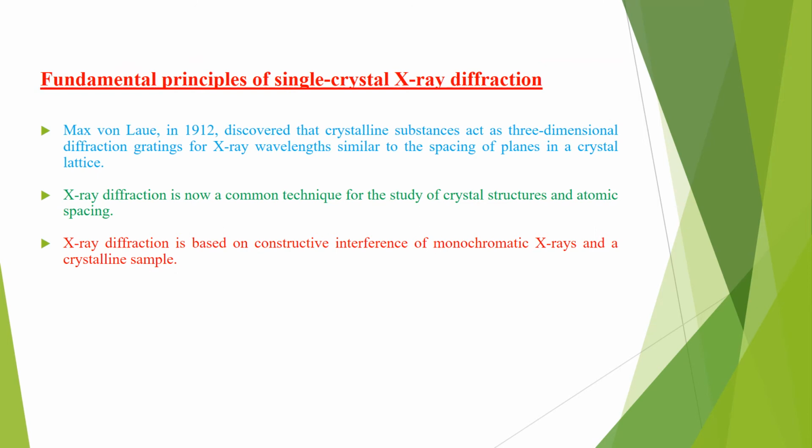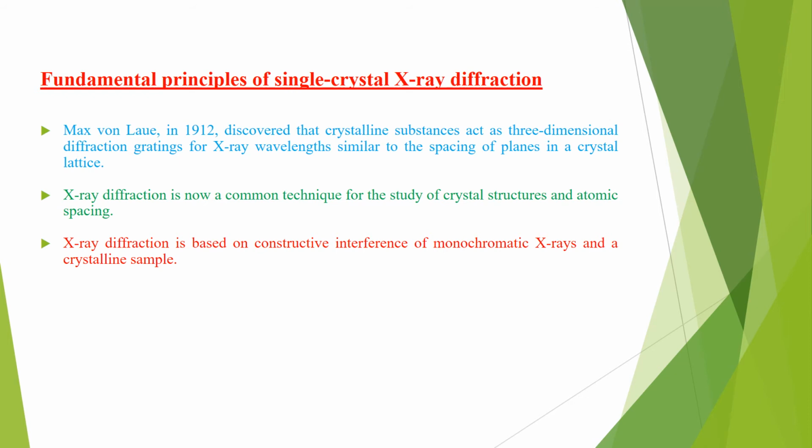Fundamental principle of single crystal X-ray diffraction. Here we have a look at how the fundamental principle of single crystal X-ray diffraction was invented. Max von Laue in 1912 discovered that crystalline substances act as three-dimensional diffraction gratings for X-ray wavelengths, similar to the spacing of the planes in the single crystal lattice.